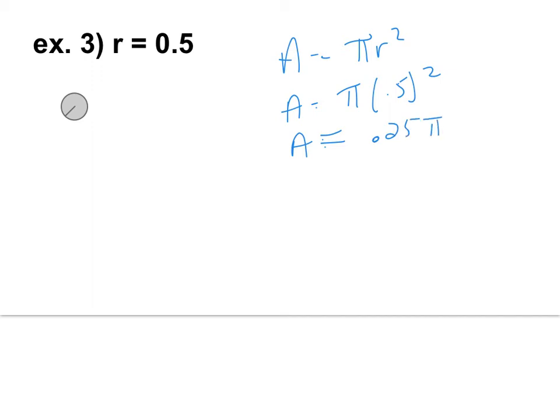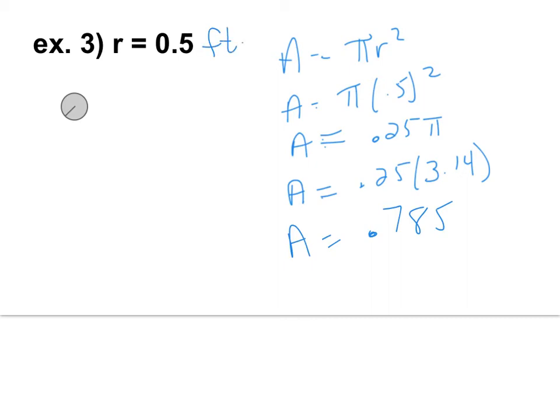But if we need to be more accurate, then area is going to be equal to 0.25 times 3.14. Let's pause and use our calculators. So that comes out to 0.785. Let's say it was feet. So then this would be feet squared.